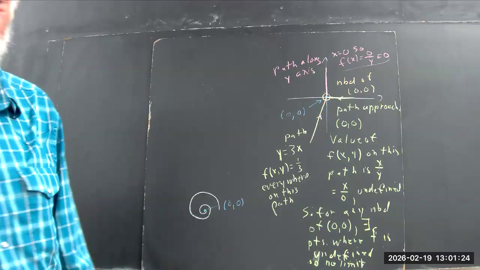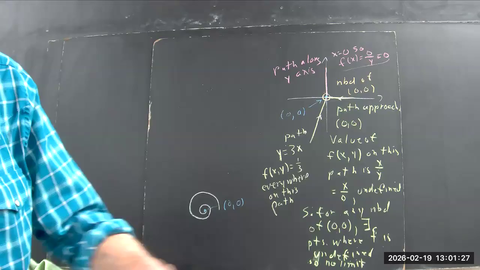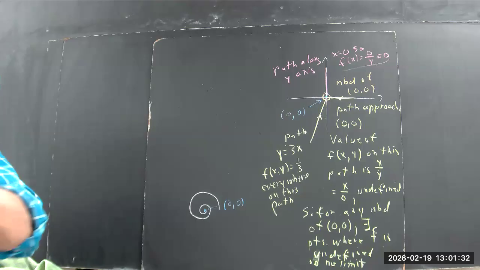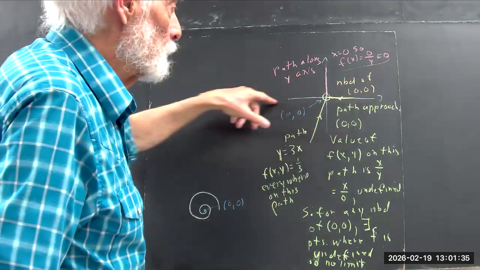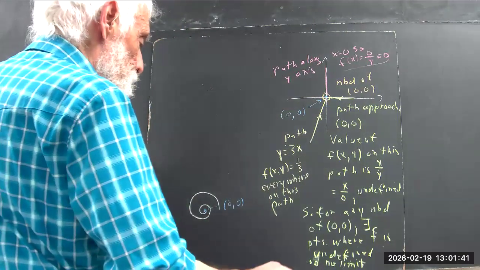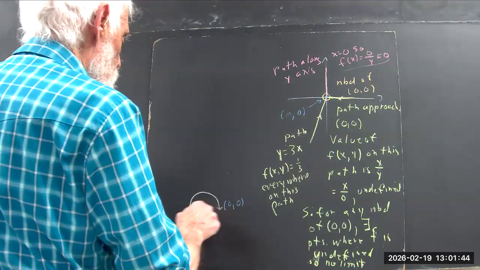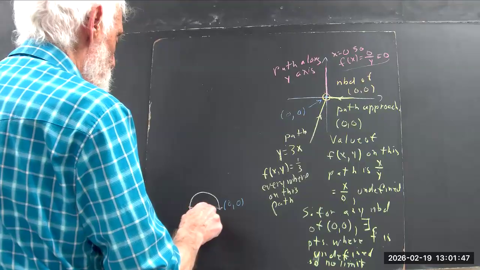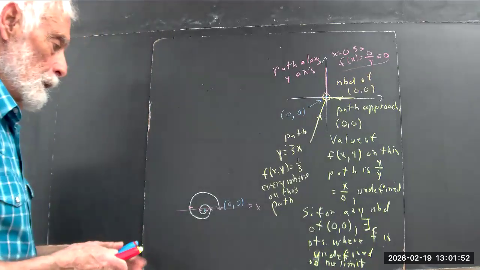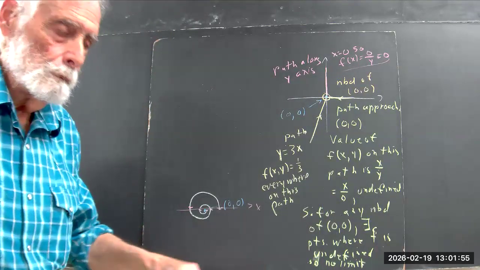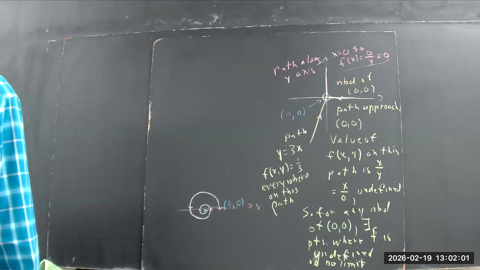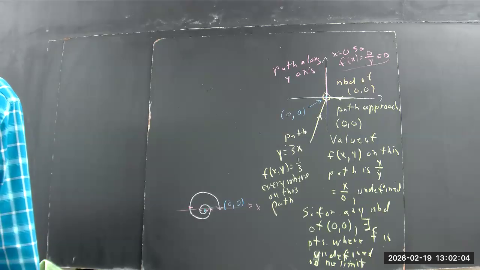This isn't our xy over x plus y function. I almost got that confused, so watch me. This function is undefined everywhere on the x-axis, and that's the only place. But there are all these points on this path where the function is not defined, any point on the x-axis. If there are paths where the function is undefined, then the limit doesn't exist.